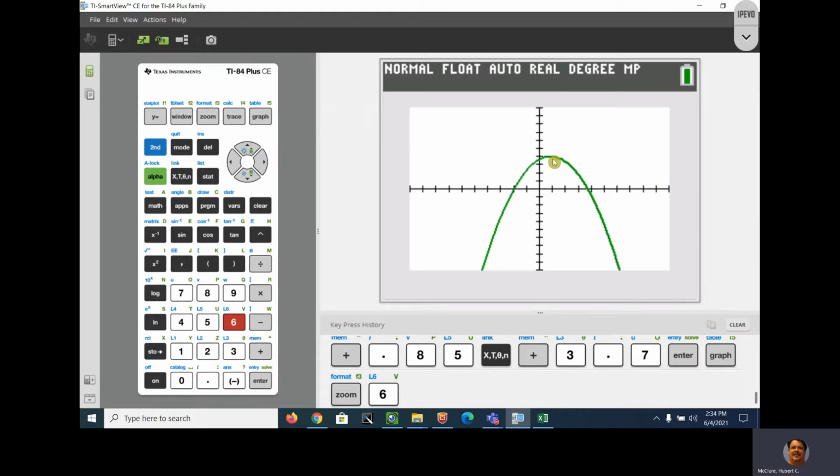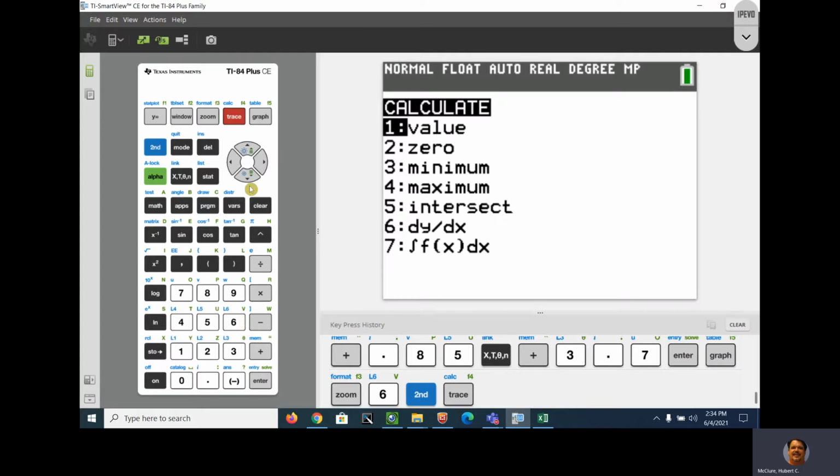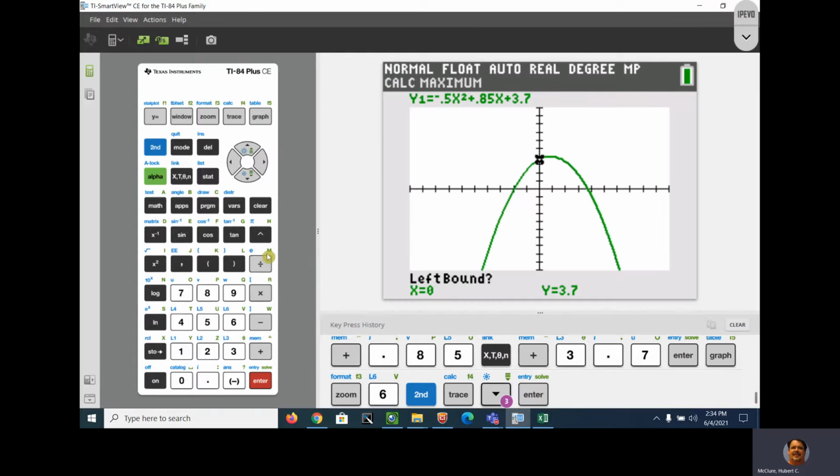There's the vertex. So let's go ahead and get the vertex. Second, trace, max. And I'm going to put a left bound right there, and a right bound right there, and a middle guess right about there.